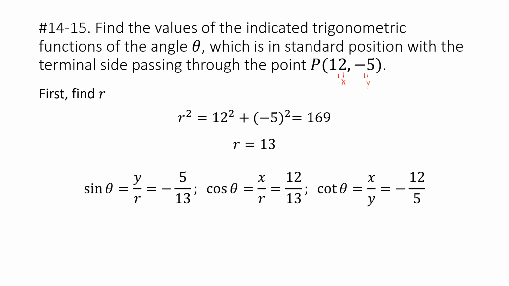So sine value is y over r, -5 over 13. Cosine value is x over r, 12 over 13. Be careful, cotangent is what? x over y, so -12 over 5. So these are our sine, cosine, and cotangent values.